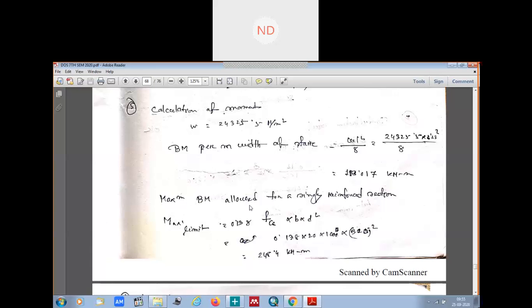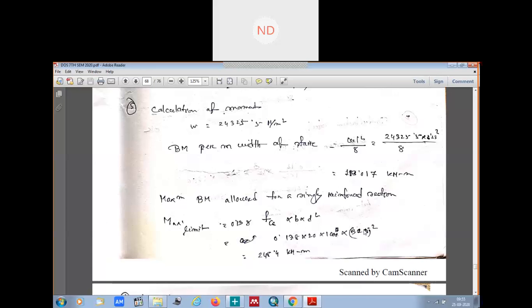The maximum bending moment allowed for a singly reinforced section is 0.138 fck b d square. So your maximum bending moment limit is given by 0.138 fck b d square. fck we already know, it is M20. b is 1000 mm, since we are taking per meter length. D is 325 they have taken.